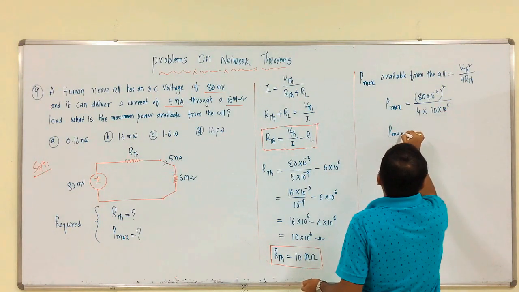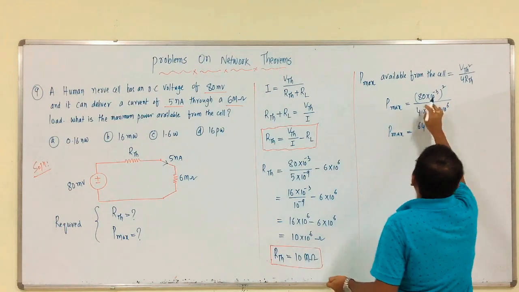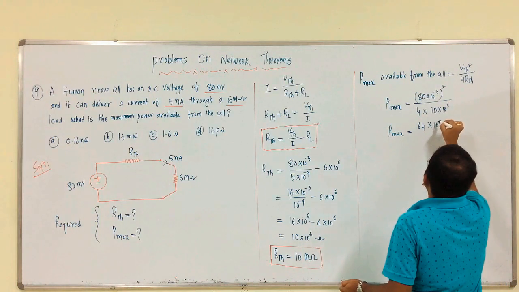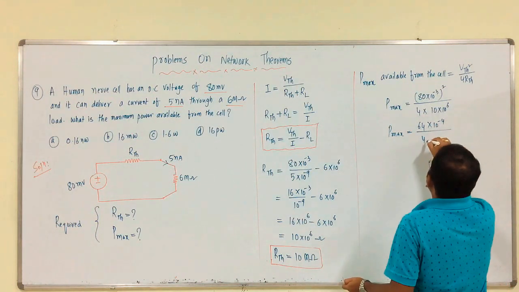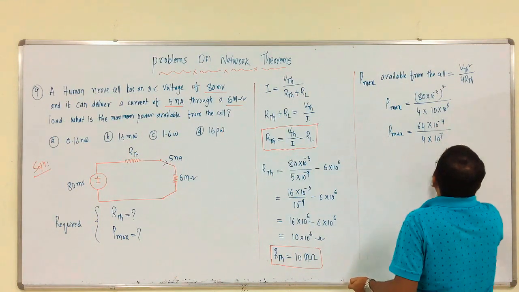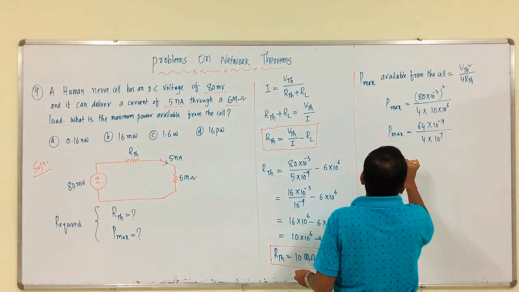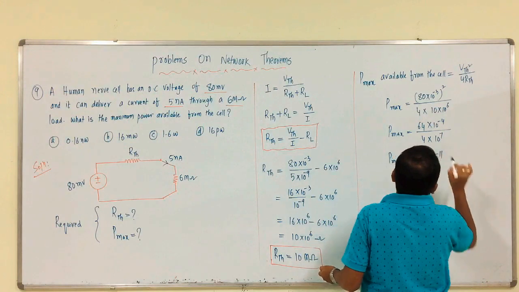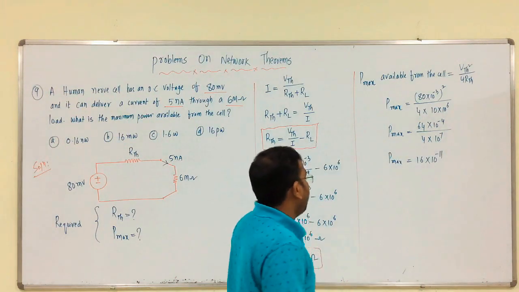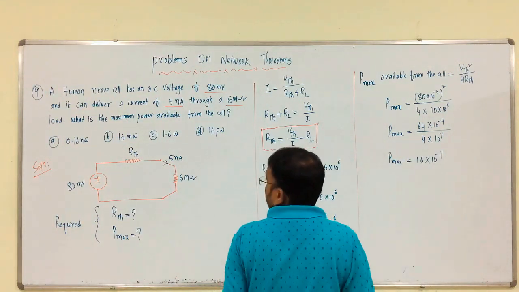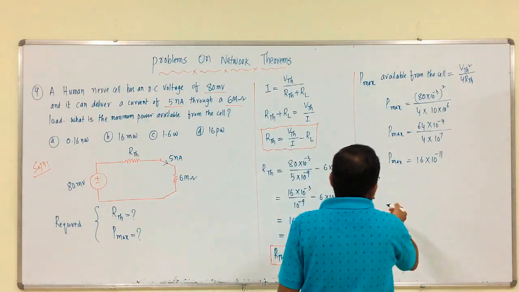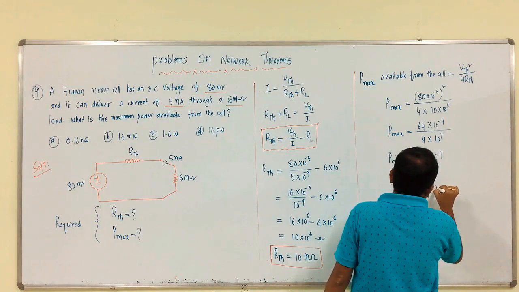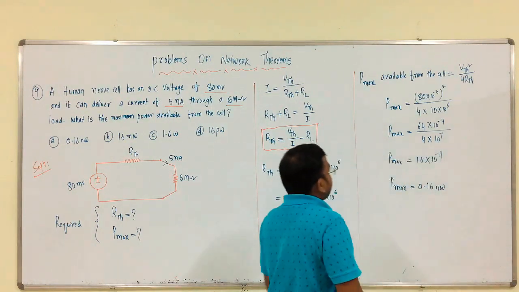So, from this P max is 6400 into 10 power minus 6 into 10 power minus 4 by 4 into 10 power 7. Therefore, P max is nothing but 16 into 10 power minus 11. Then what are the options? 0.16. So, the answer is 0.16 nanowatts, right?